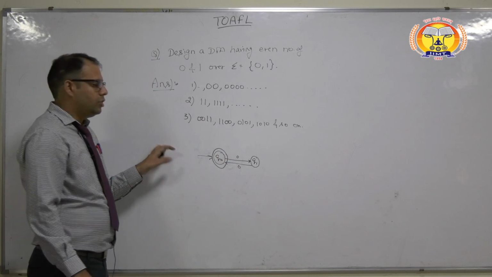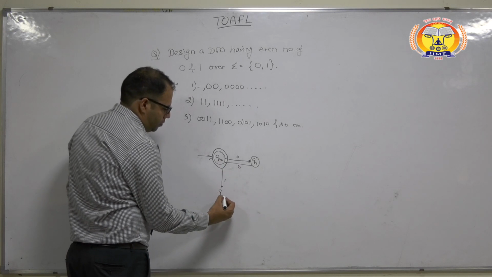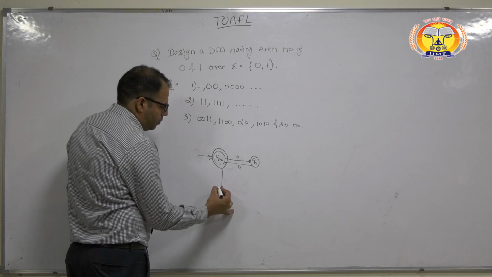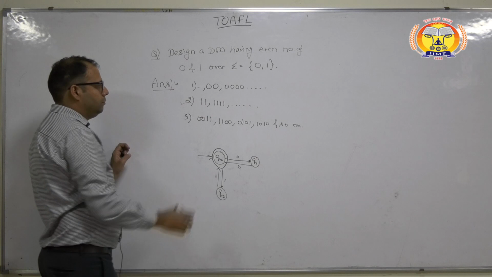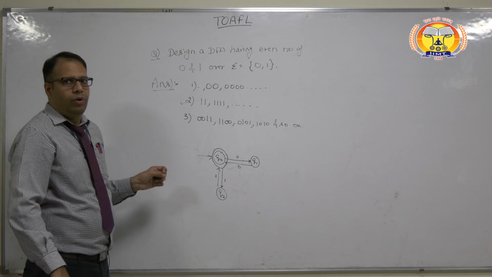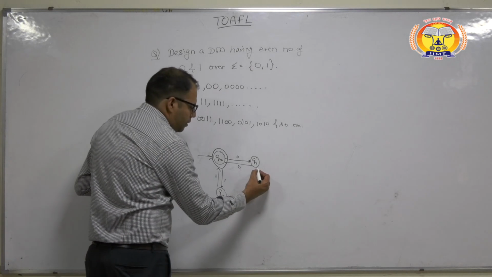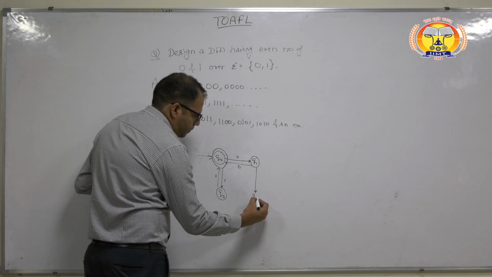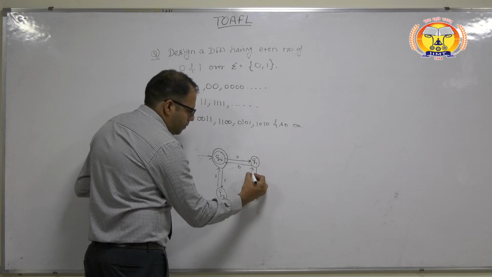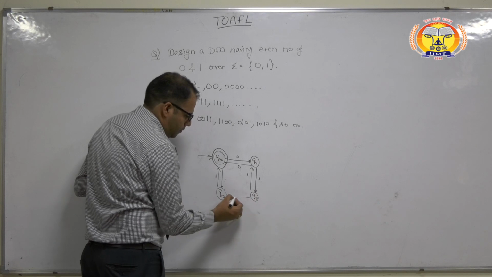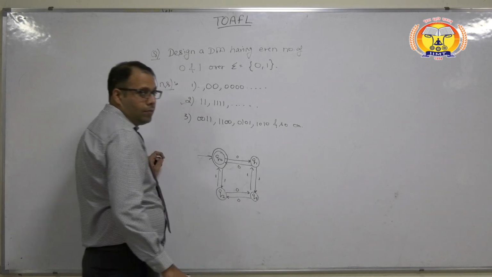Now move further for 0 0 1 1. This one satisfies the second state. Now if we go for 0 1 0 1 and 1 1 0 1, then we go through the next state.